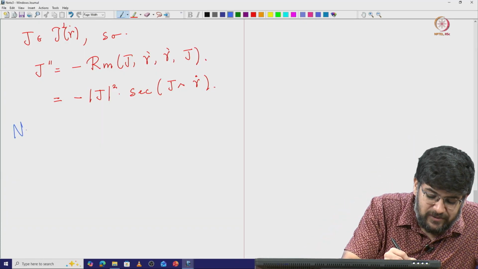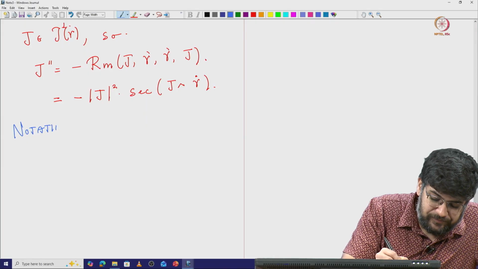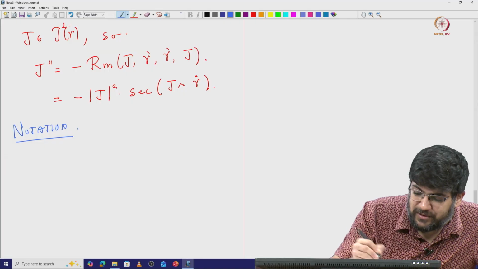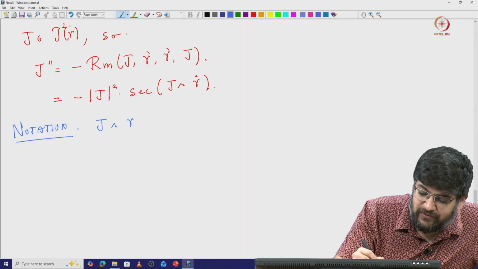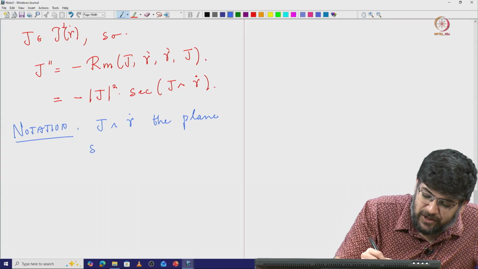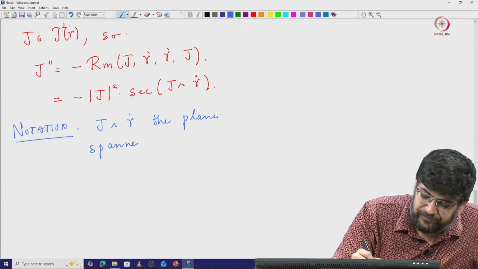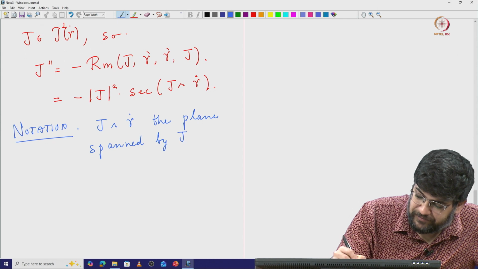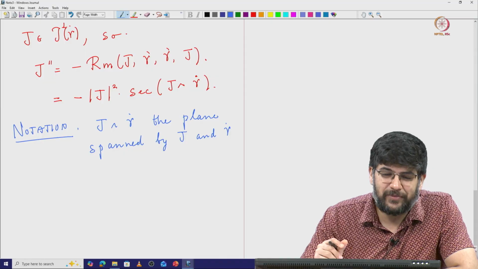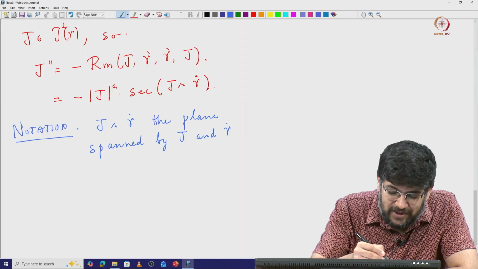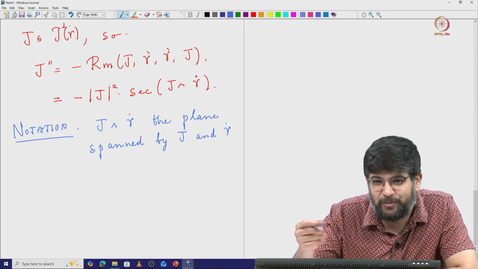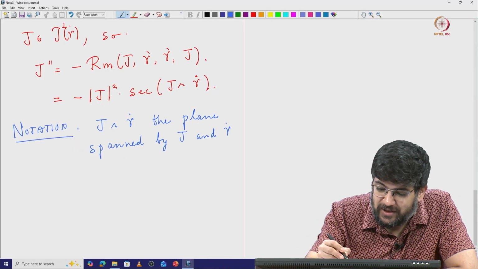So notation, I am denoting by J wedge gamma dot the plane spanned by J and gamma dot. This is a shorthand. This is called the wedge product, but I am using it as a shorthand for the plane spanned by J and gamma dot. Okay.